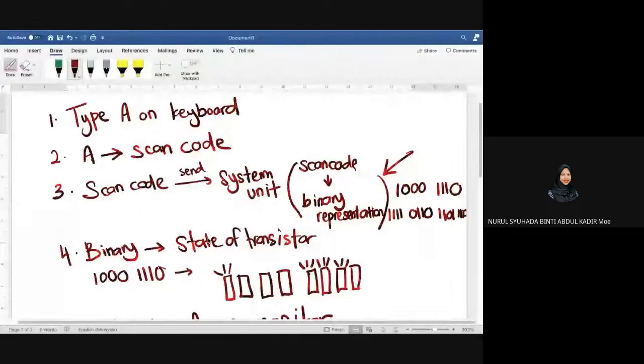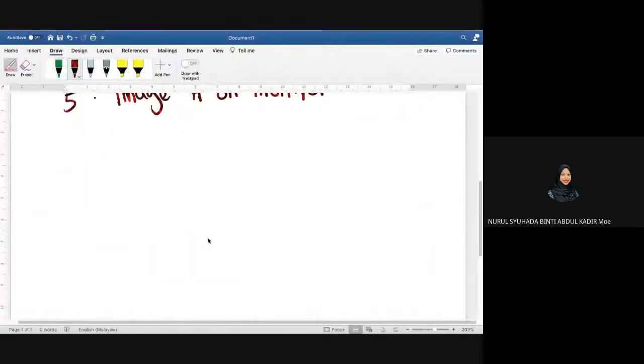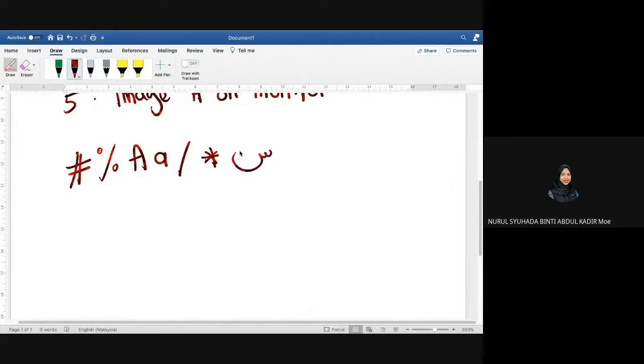Alright class, when I'm talking about symbol, I'm talking about any symbol that you can type from your keyboard. Okay, be it hashtag, be it percentage, be it letter a kecil, forward slash, whatever that you have on your keyboard, okay? And also huruf-huruf lain juga, maksudnya yang bukan dalam English. For example, kalau Jawi kita ada huruf sin, right?